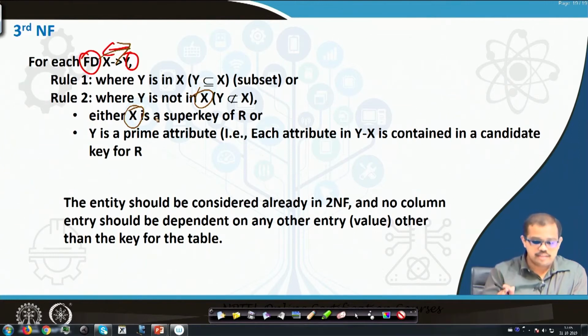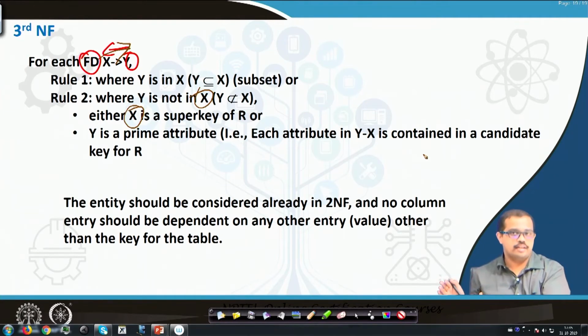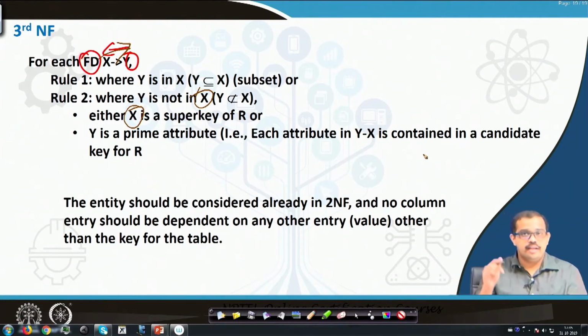So, if your R is considered to be the major set, and if you consider x is a super key of R, then y is a prime attribute, which means y dependent on x is contained in the candidate key. When I say candidate key, every attribute can be a candidate key. Okay. So, y that belongs to x is contained in the candidate key for R.